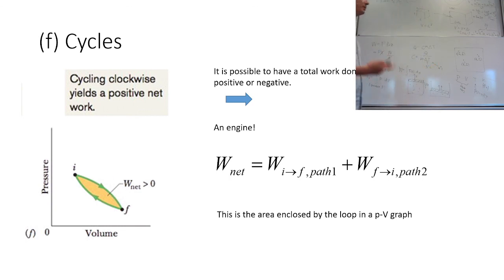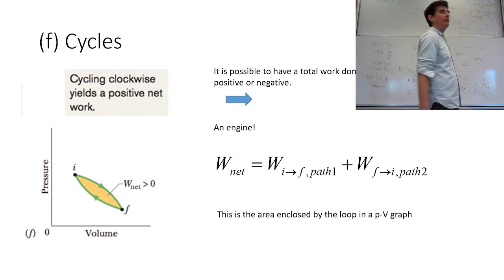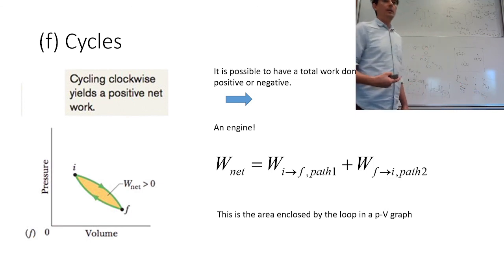So that's what happens in a cycle, and we'll come back to this cycle thing later, because an engine is really nothing but something where a gas goes in a cycle, and basically the purpose of an engine is that you are making the engine perform some work, right?